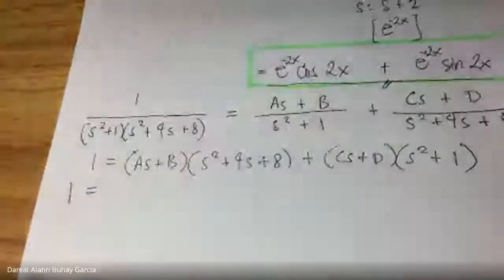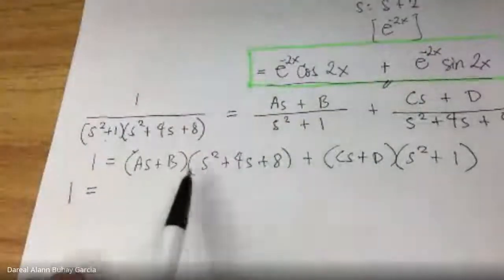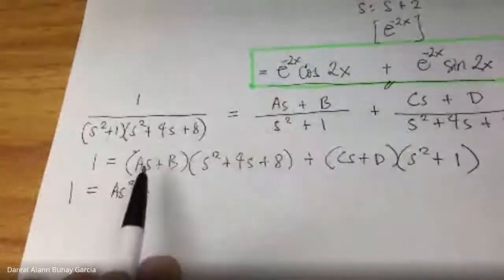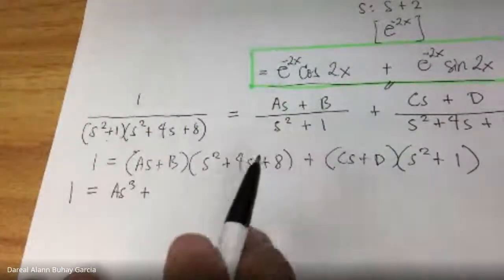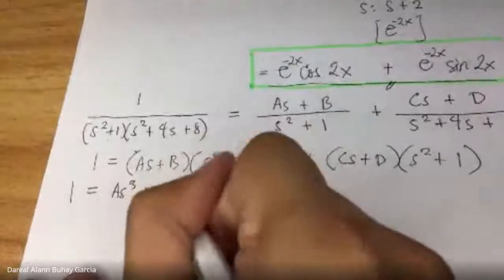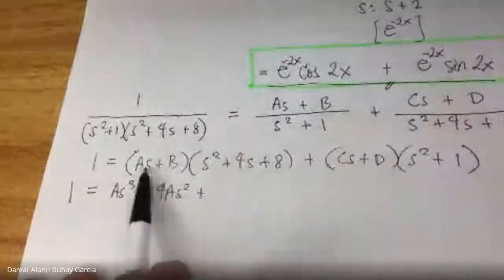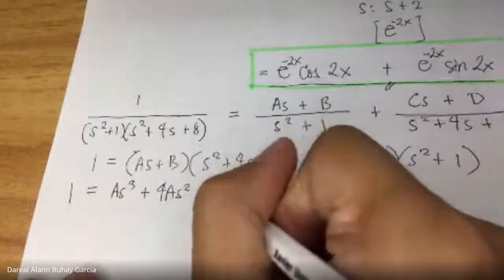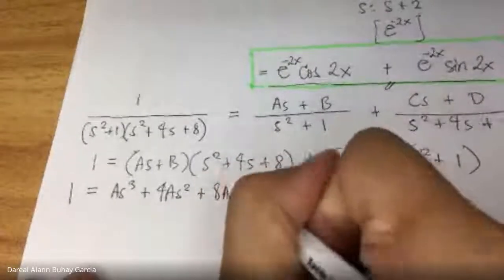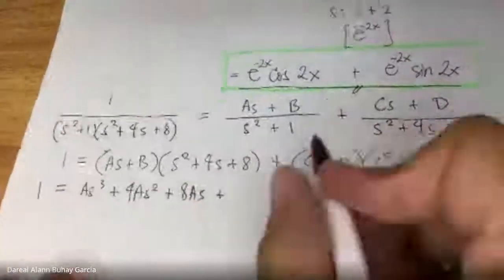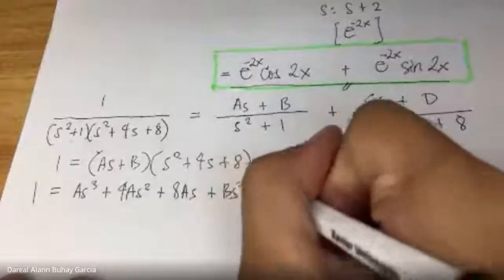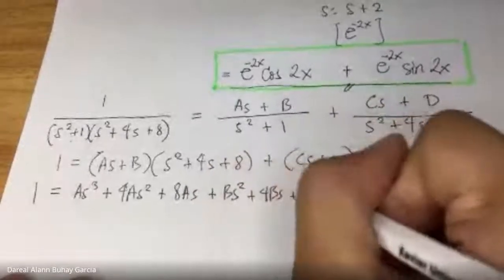1 equals As cubed plus 4As squared plus 8As, plus B multiplied by s squared plus 4Bs plus 8B.